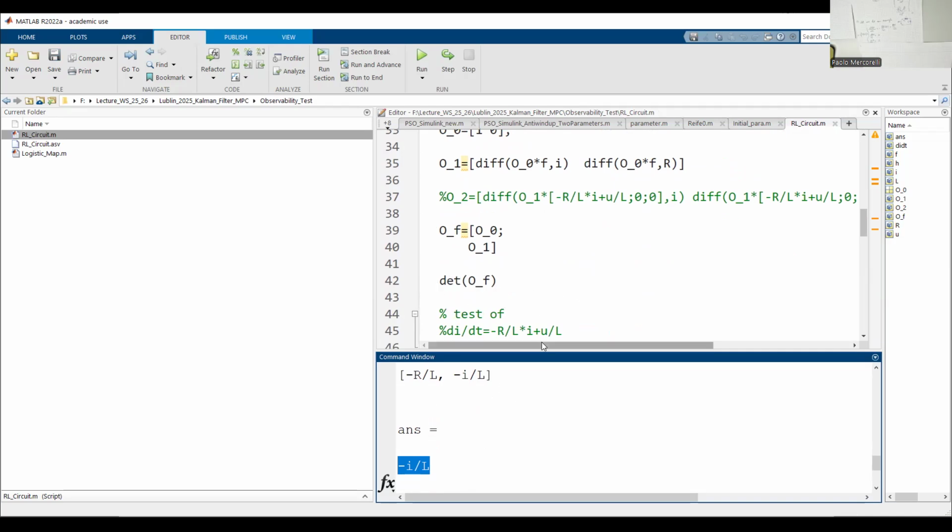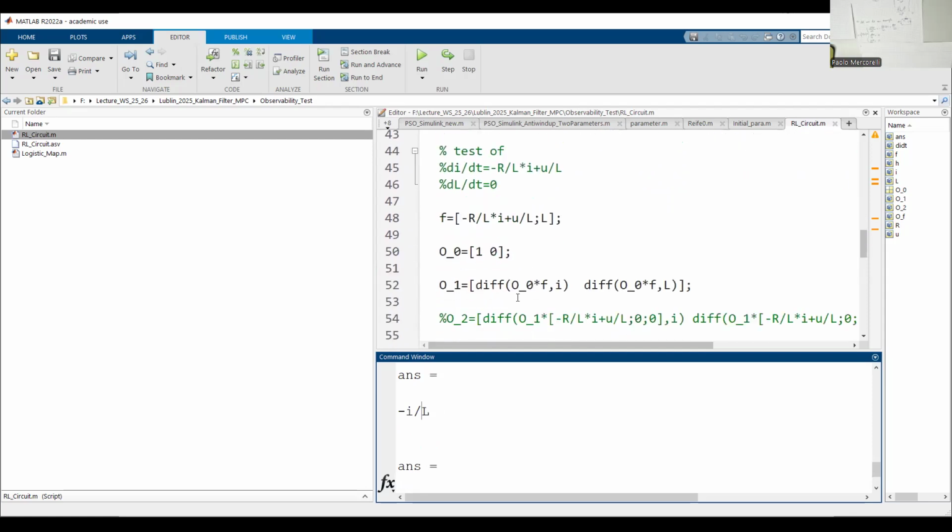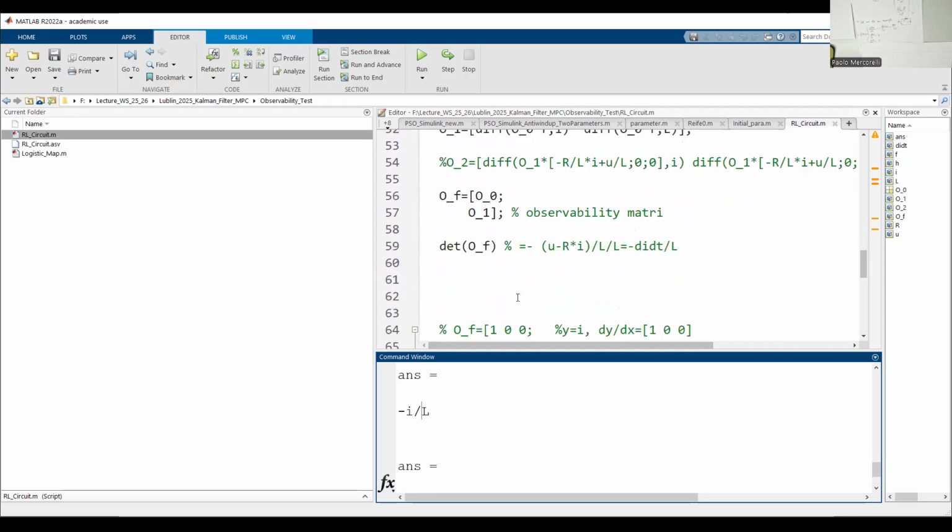Here it is enough that the current is not zero. Of course, L. Let me see. Yes, it's correct.